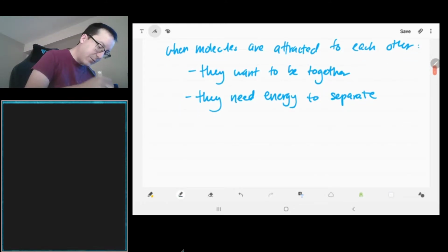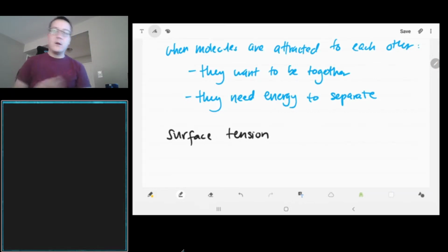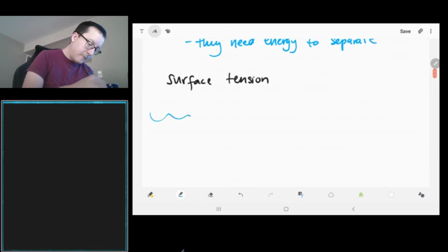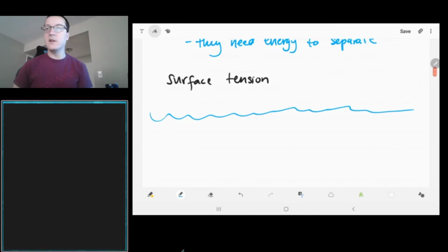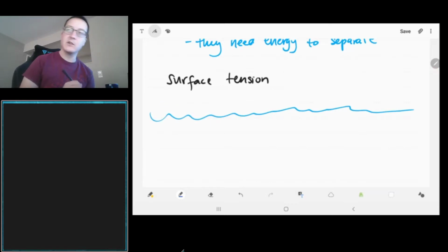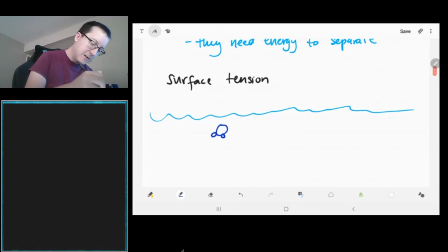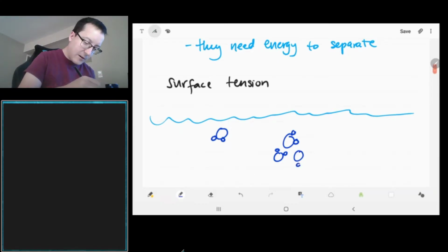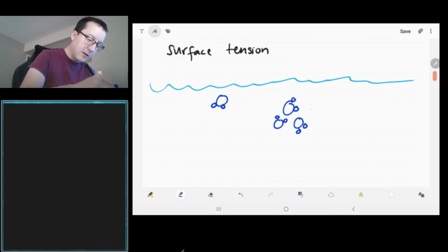We have something called surface tension. So if you imagine, here is our lovely water, and I'm just going to draw little water molecules in here. Remember that all these water molecules are very much attracted to each other.